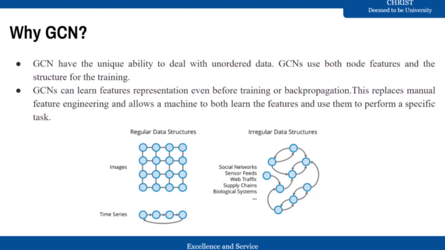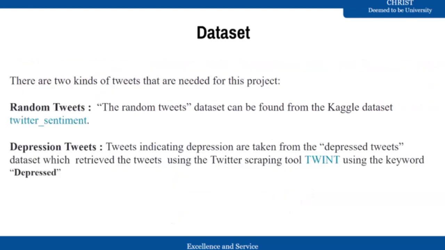The dataset that we used is composed of two parts, one with depressed tweets and the second with non-depressed tweets. The non-depressed tweets were taken from the random tweets dataset found on Kaggle, and the depressed tweets were taken from the depressed tweets dataset.